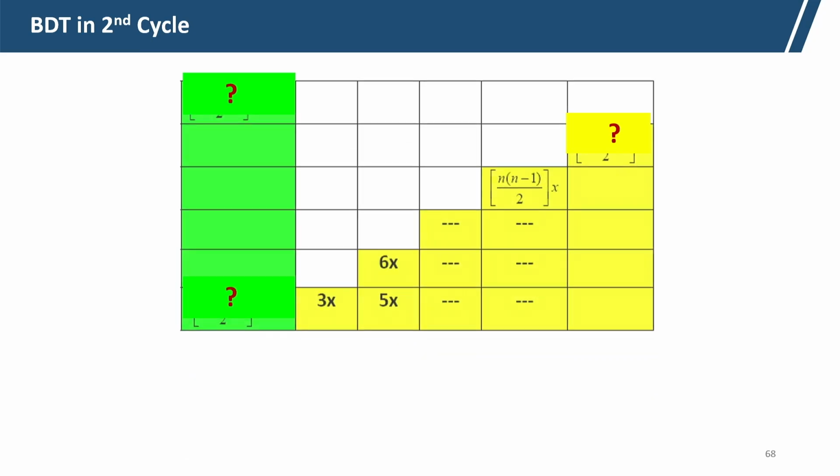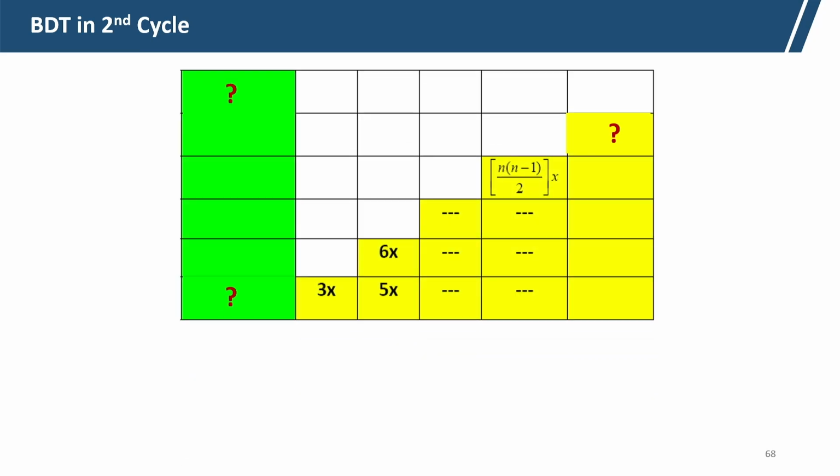Now, for the second cycle a similar thing will happen. So, here you can see this as n into n minus 1. Next will be n into n plus 1 by 2 multiplied by x, plus x, and the next column will be here.